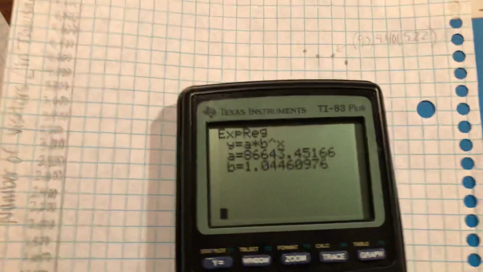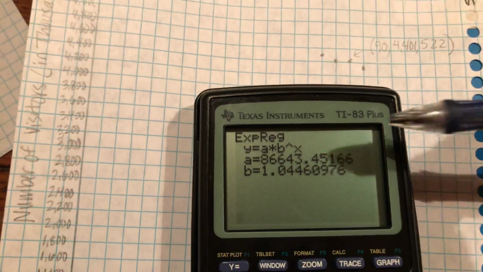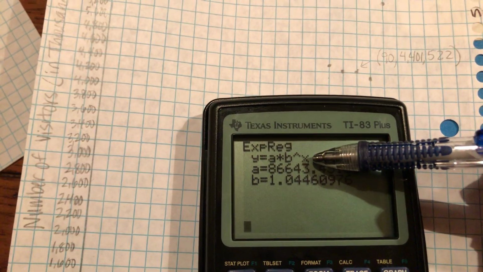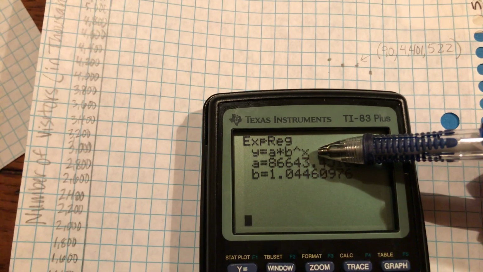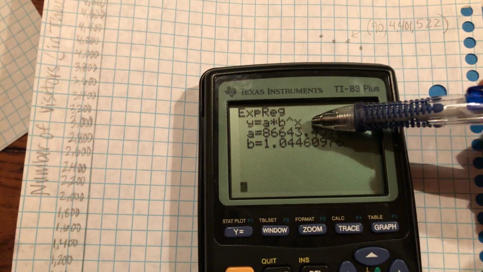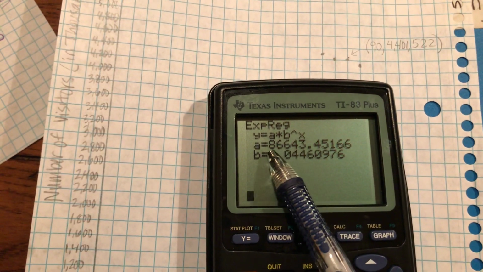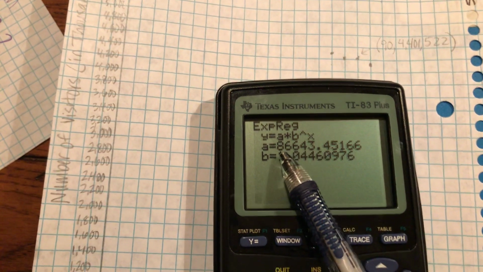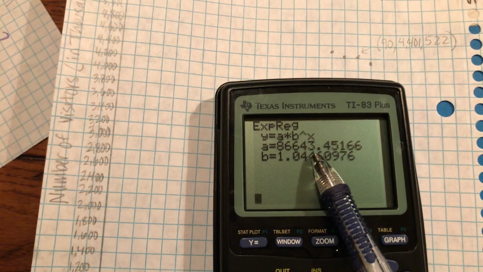And there you go. So this is saying that this is the form of the equation, a times b to the x. We've talked about that when we did our exponential unit. This is the a value. So this would be like your y-intercept or your initial value.